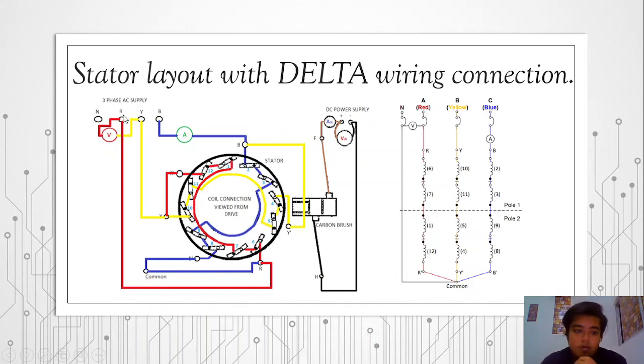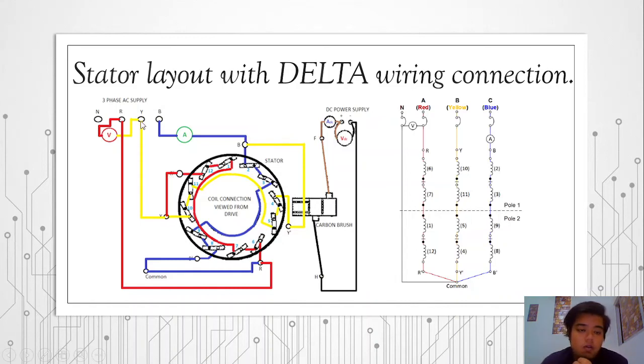For the red line, we connect to the volt, and for the output volt we connect to the Y line, and then the red line connects to points 6 and 7, which is pole 1, and then straight to points 1 and 12 for pole 2, and then straight connected to the yellow line.